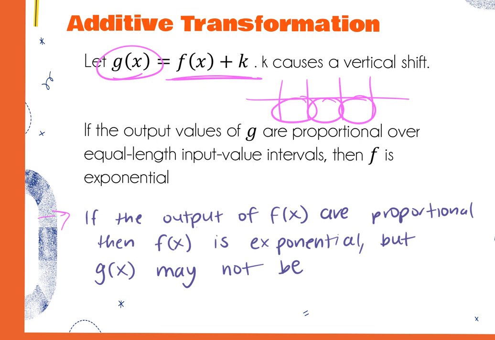It's going to give you multiple choice, and it's going to say if f of x is proportional, then g of x also has to be proportional. If g of x is proportional, then f of x has to also be proportional. If the adjusted function is proportional, then the original one has to be proportional, but not necessarily the other way around. And think about why that happens.